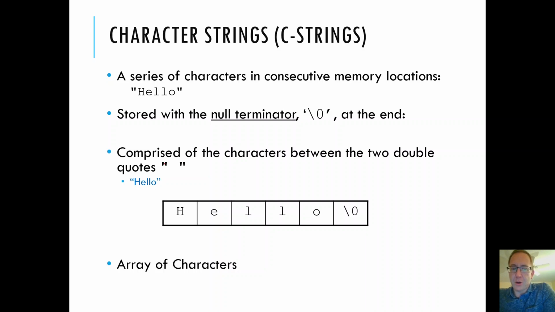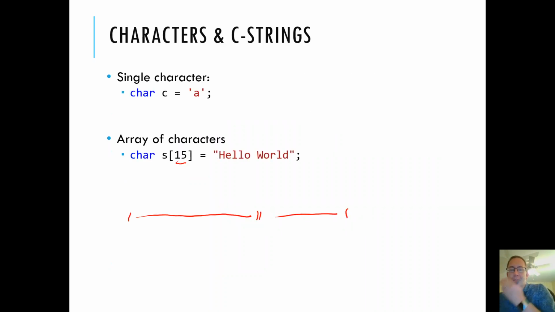Everything with 2 double quotes, I will make this array. And it's just an array of characters. So if I have an array of 1 character, well, we'll actually look at that when it comes to the quiz. So here is a single character, C. It is the value A. It is 1 byte.